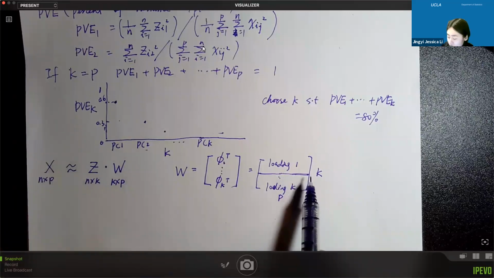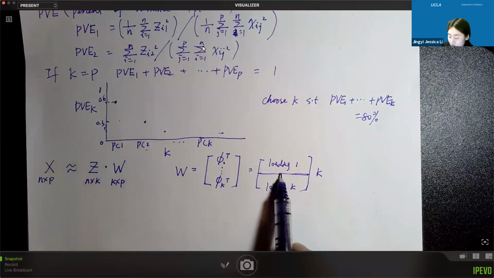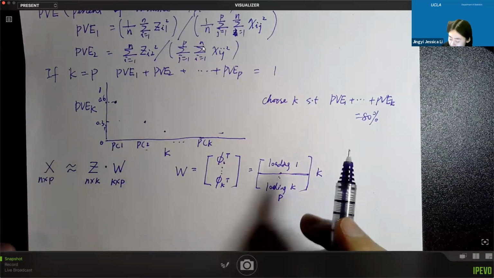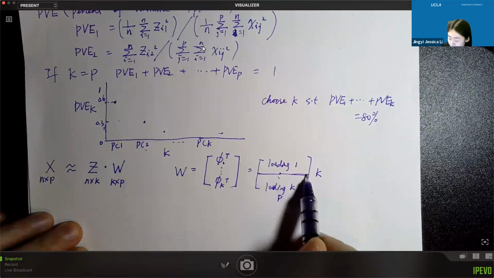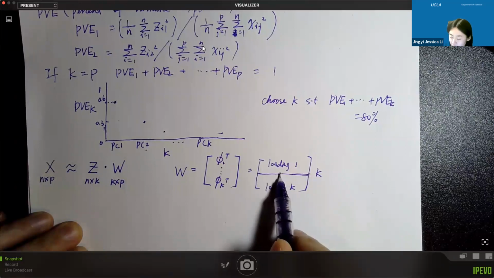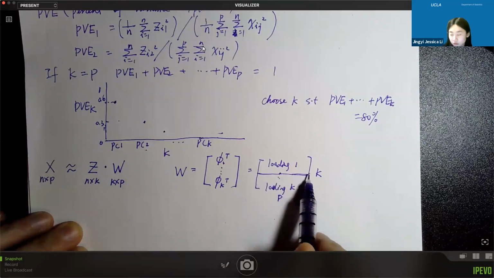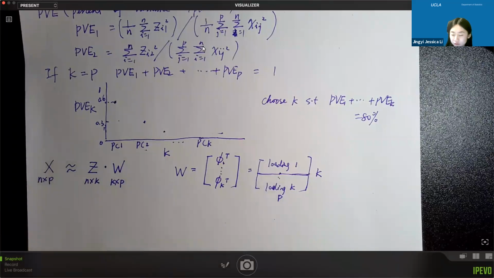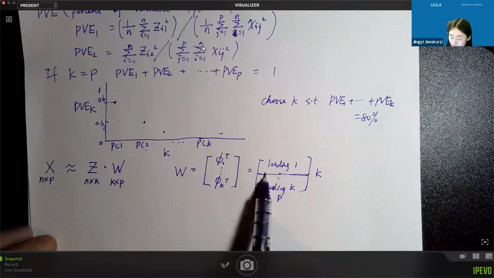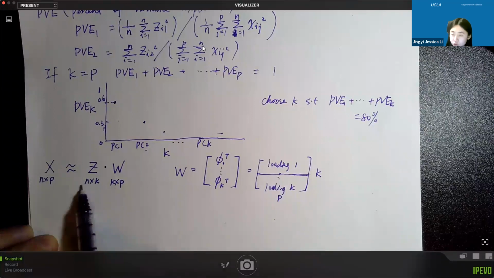If this loading has a large value for, say, new dimension 3, and you see that original dimension 3, that means gene 3, has a large loading in this new dimension, then you can say, oh, my PC3 is dominated by gene 3. But sometimes maybe the explanation does not come from the original P genes.